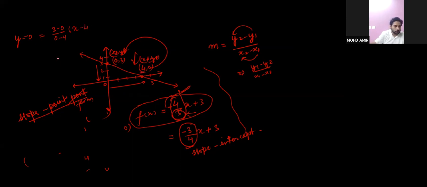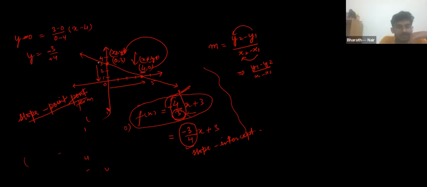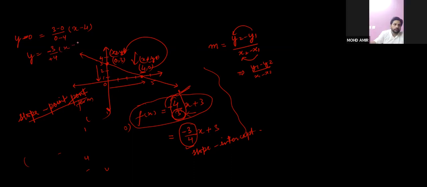So here y minus 0 will be equal to y, and it will be equal to 3 over negative of 4. It will be going to the numerator. We don't have denominator in the negative. We never do that. And here x minus of 4.